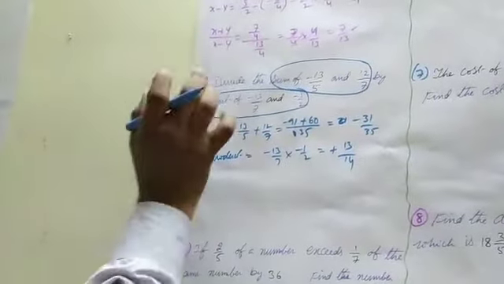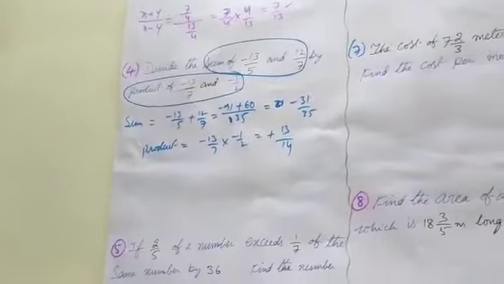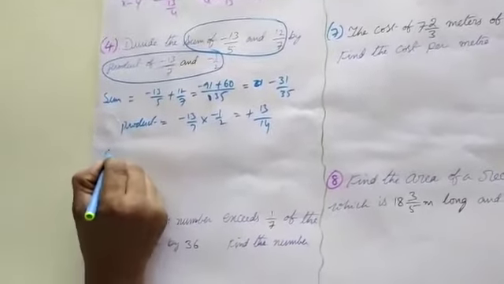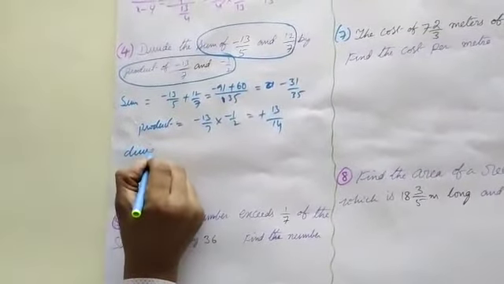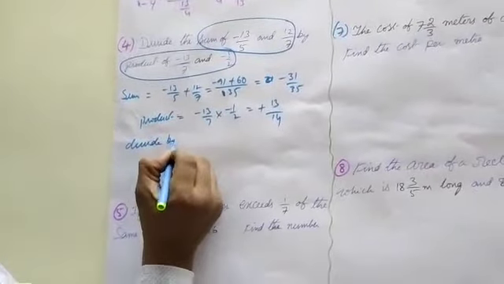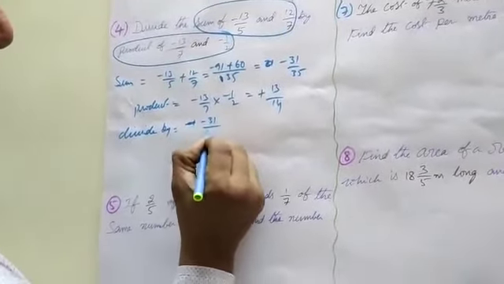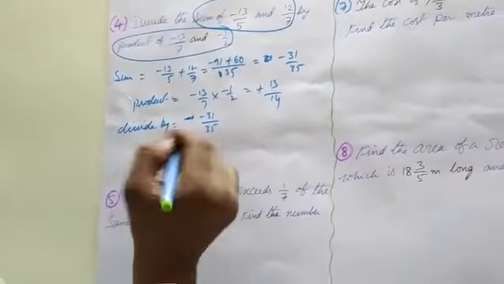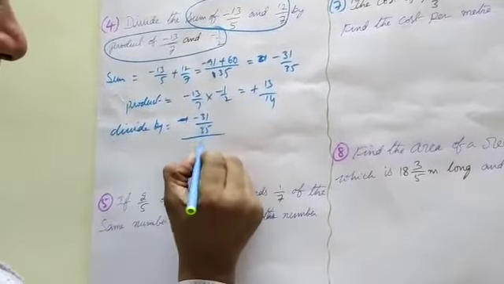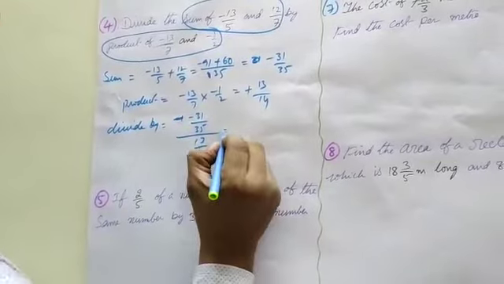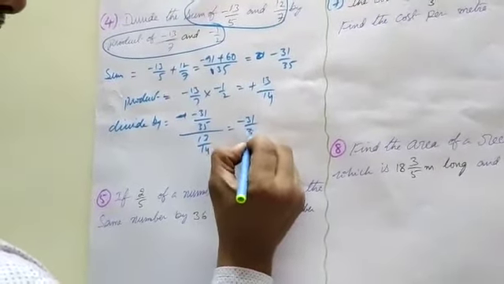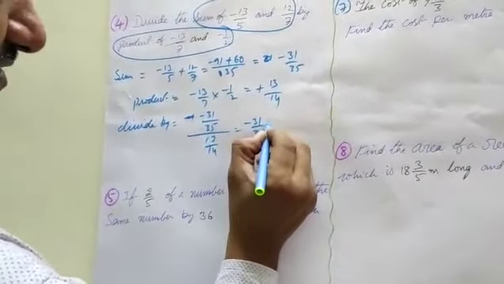What is the condition? Divided by. That means minus 31 divided by 35, divided by 13 by 14. That means minus 31 divided by 35, multiplication.